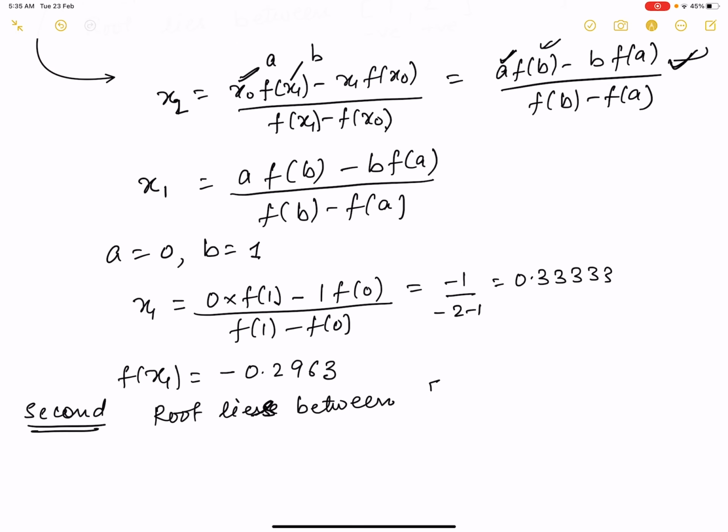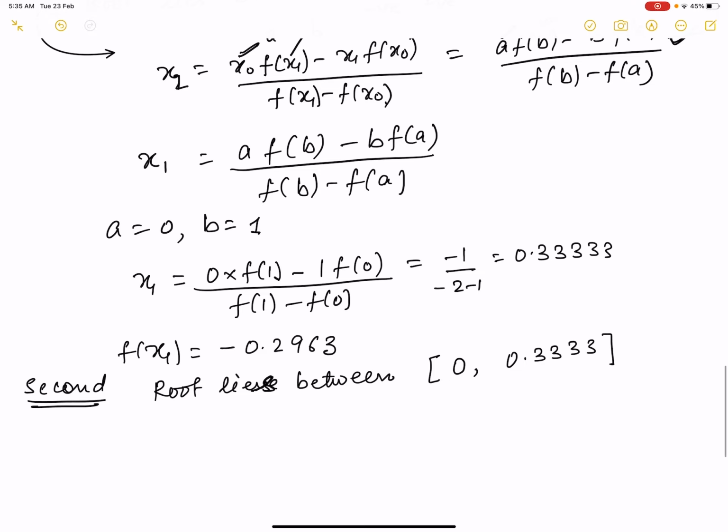This time the root lies between 0 and 0.3333. Now we'll find the value of x2. x2 is with a as 0 this time and b changed to 0.3333.